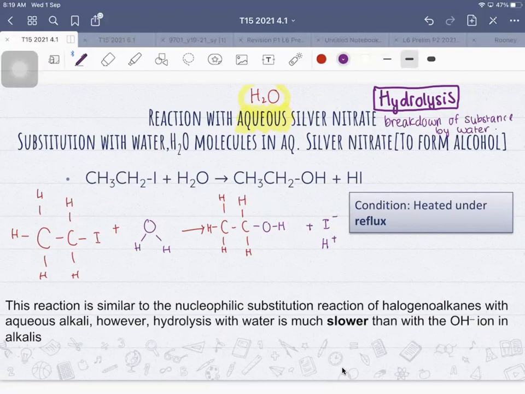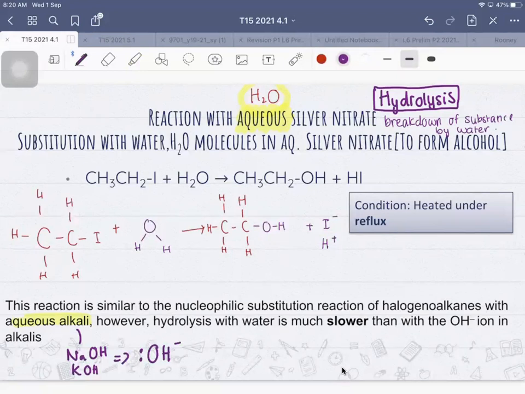This reaction is similar to the nucleophilic substitution reaction of halogenoalkanes with aqueous alkali. Your aqueous alkali is either sodium hydroxide or potassium hydroxide. Most importantly, it is your hydroxide ion as a nucleophile. It's similar in the sense that they form the same product.